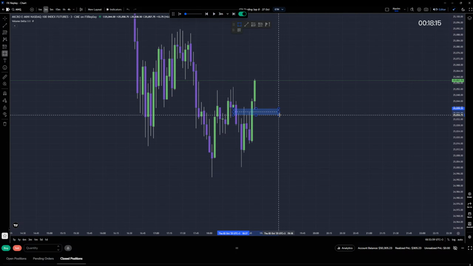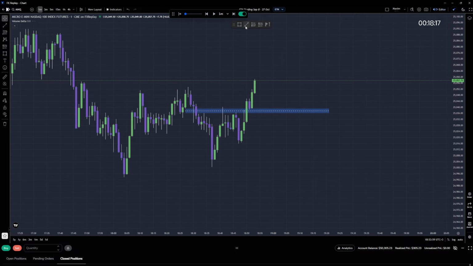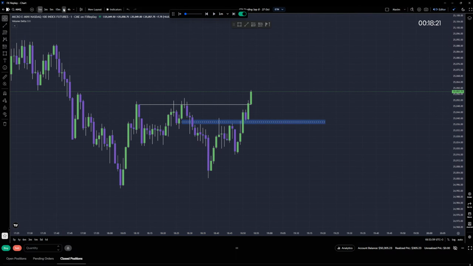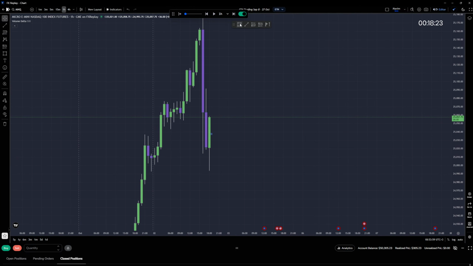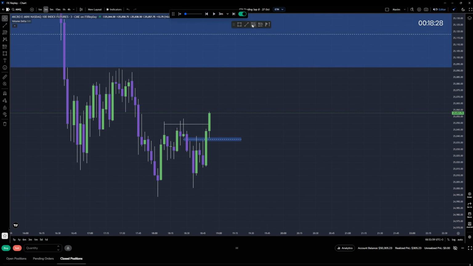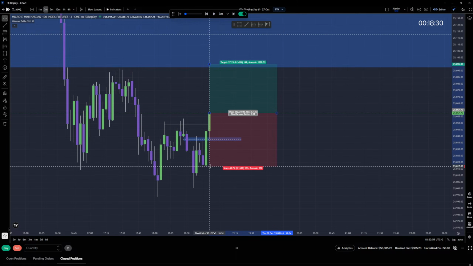Got this gap as well. So that will be my entry. Like here. Gonna target this gap. I'm gonna target the midway point of the gap.